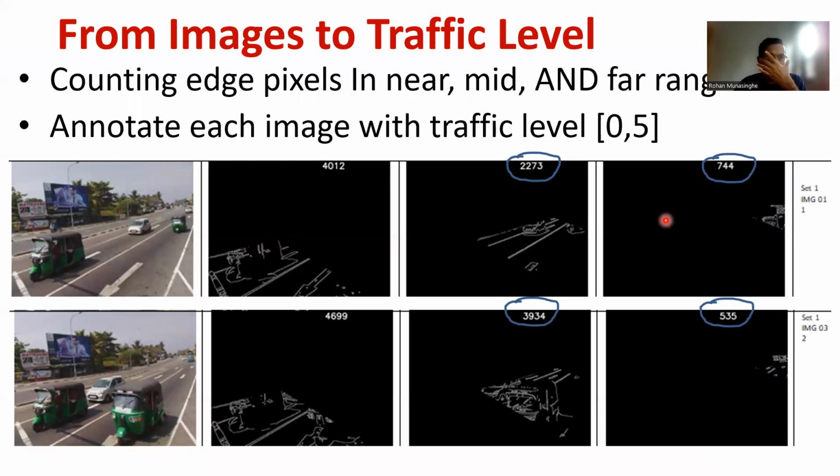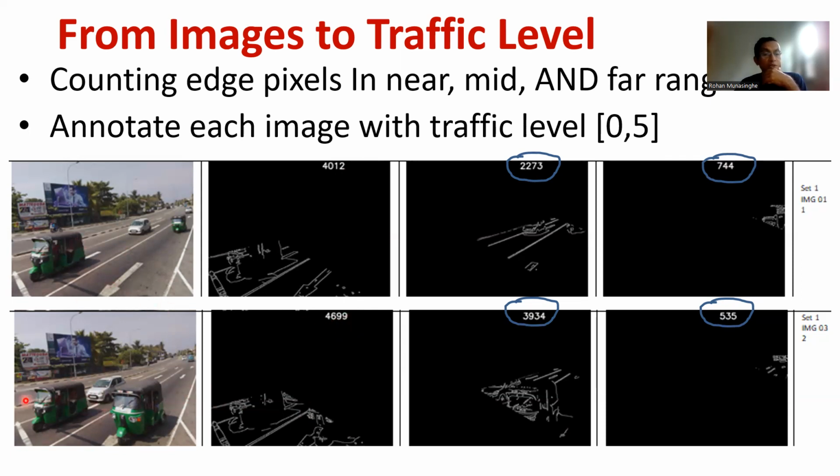So this is one of the problems. How do we get from the images to the traffic level, right? Here you can see another set of images, this one and this one. You can see a near field 4,000 pixels, midfield 2,200, and far 744. In this one, you can see a high number of vehicles in the near field, 4,700 almost.